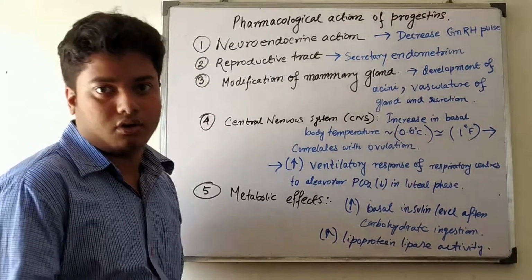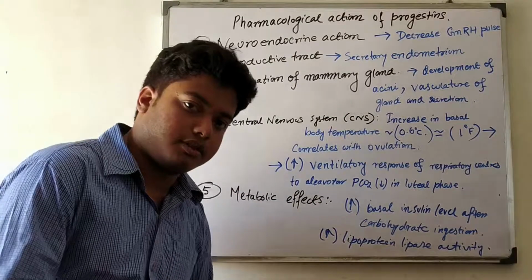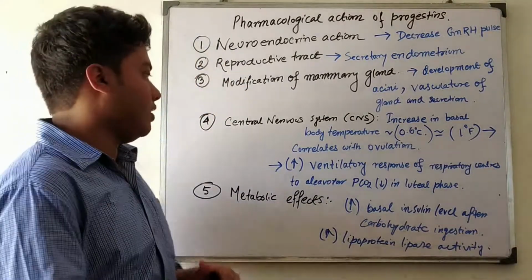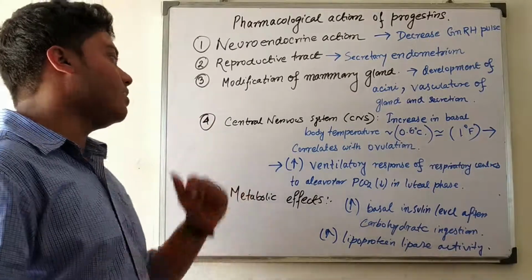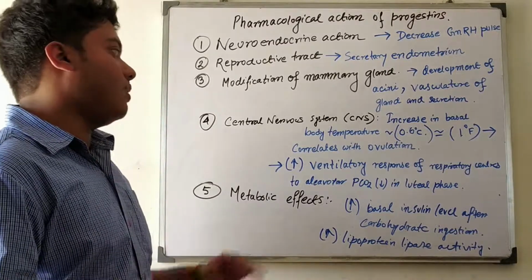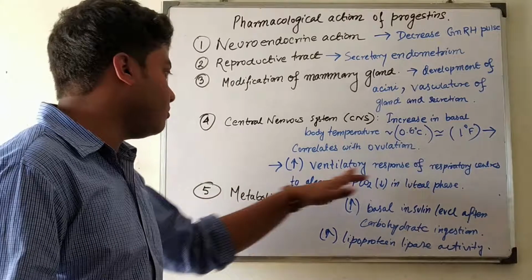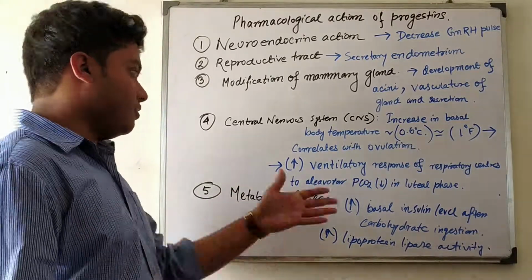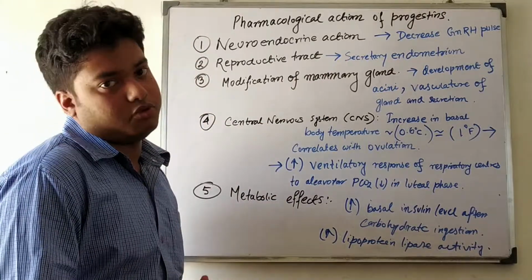When a natural ovulation occurs, generally the basal body temperature increases by 0.6 degrees Celsius or 1 degree Fahrenheit. It also increases the ventilatory response of the respiratory centers to the decrease of alveolar partial pressure of carbon dioxide in the luteal phase. This increase in the ventilatory response is another response to the progesterone compounds.